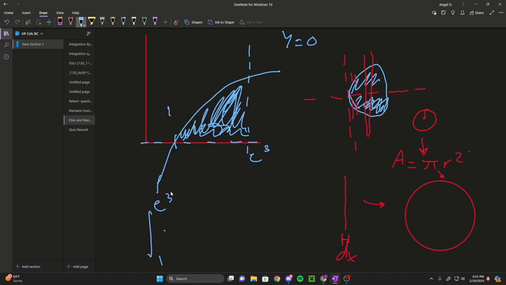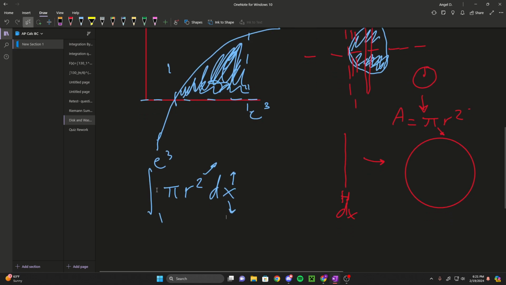So we're going to have pi r squared dx. Now you see that we have two conflicting variables: we have an r and we have x. So we have to either get x in terms of r or r in terms of x, and the easier method is to get r in terms of x.